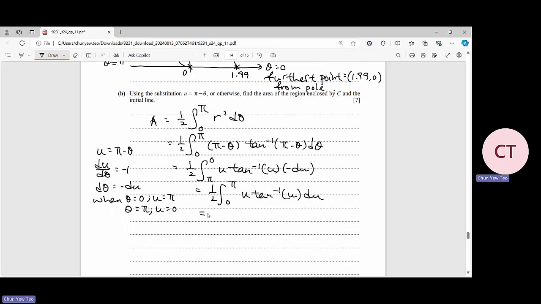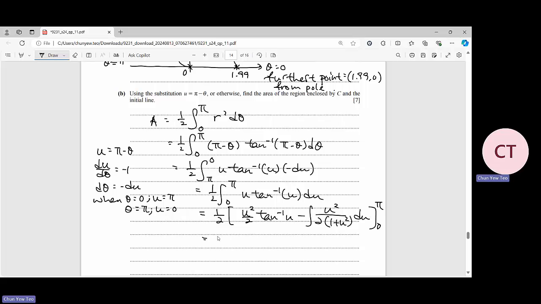And after that, you just need to do integration by parts. This one is u squared over 2 arctangent of u minus the integral of u squared over 2 times 1 over 1 plus u squared du, from 0 to pi.